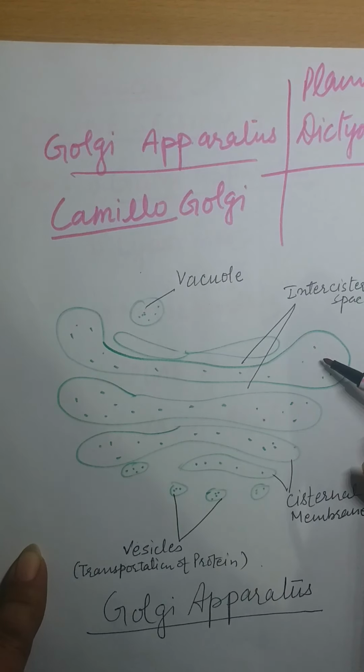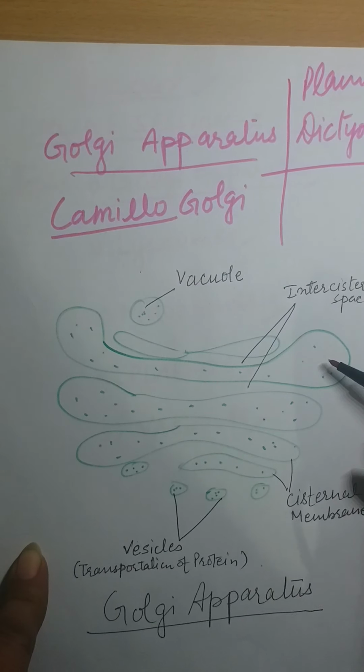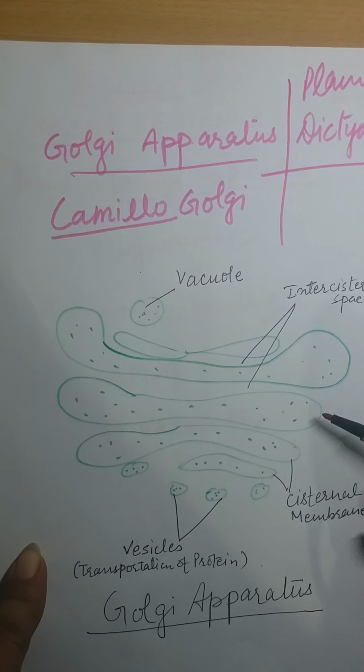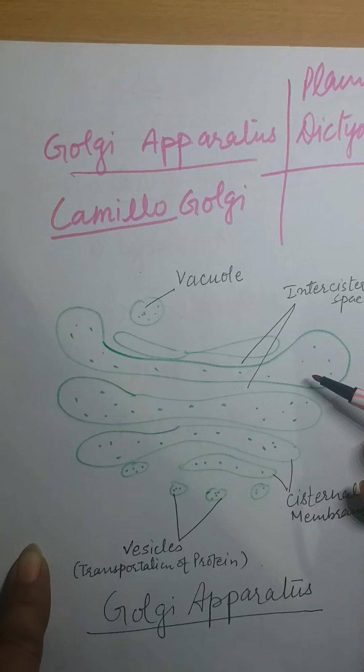And one of the most major functions of the Golgi apparatus is that many complex sugars are also made from simple sugar in the Golgi apparatus.